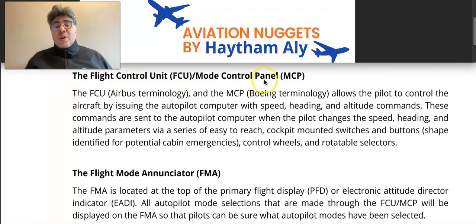On the FCU or MCP, you will find the speed knob, heading knob, and altitude knob. And remember always, push to manage, pull to select. These commands are sent to the autopilot computer when the pilot changes the speed, heading, and altitude parameters via a series of easy-to-reach cockpit-mounted switches and buttons.